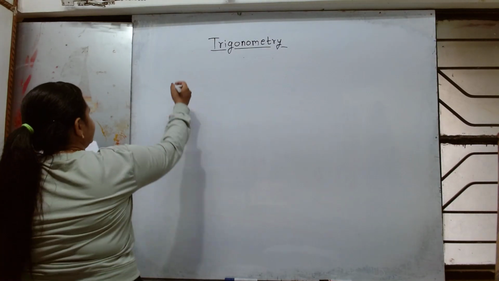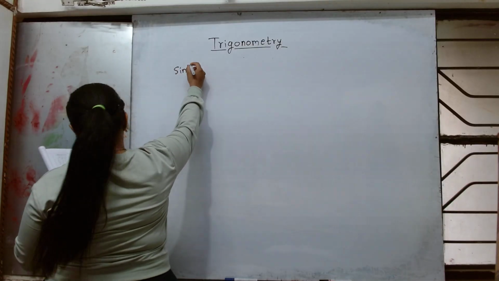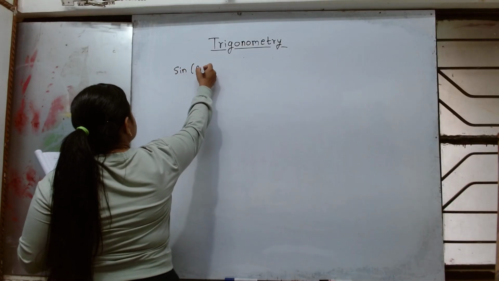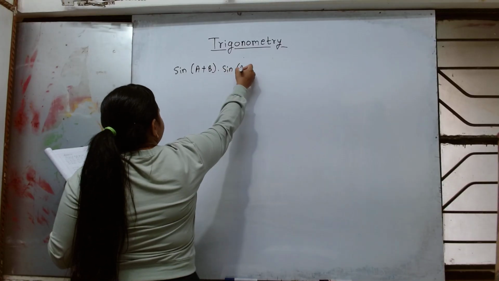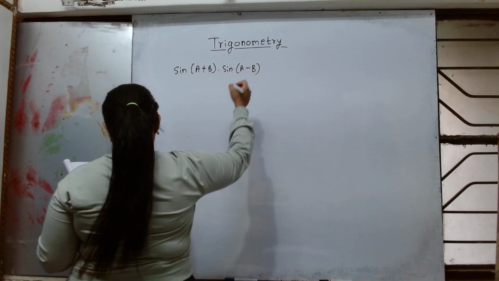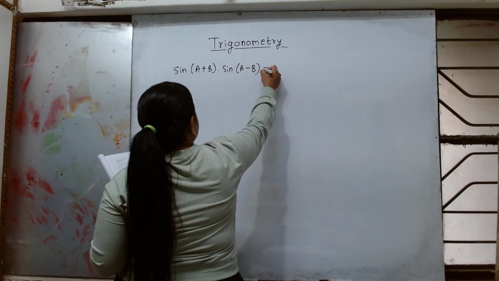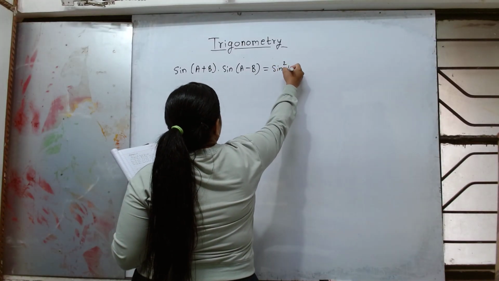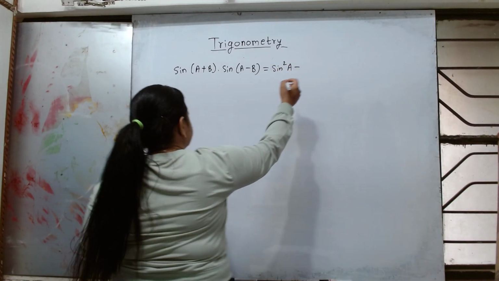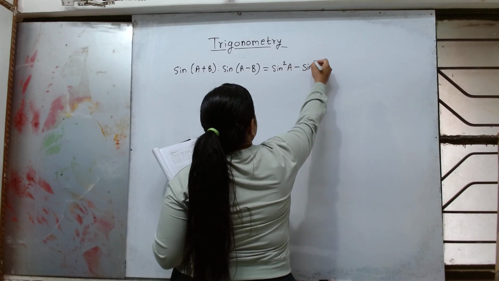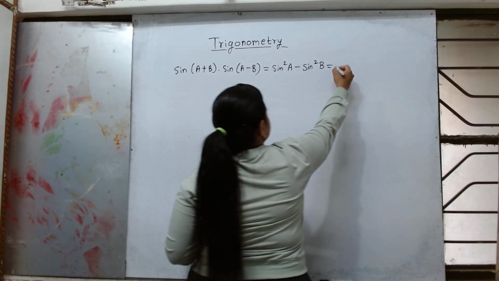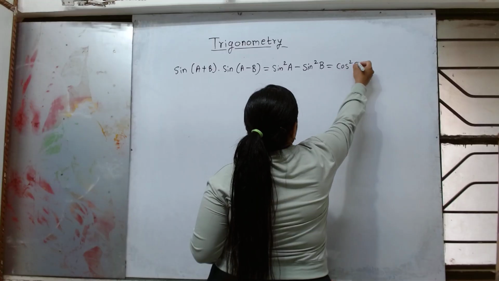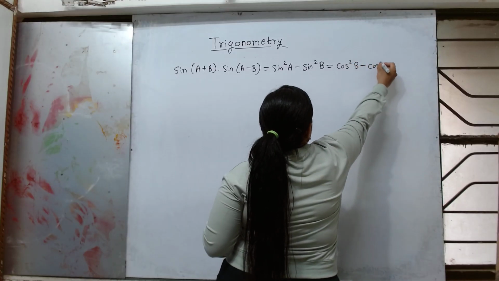Now for sin a plus b into sin of a minus b, it equals sin square a minus sin square b, and it is also equal to cos square b minus cos square a.